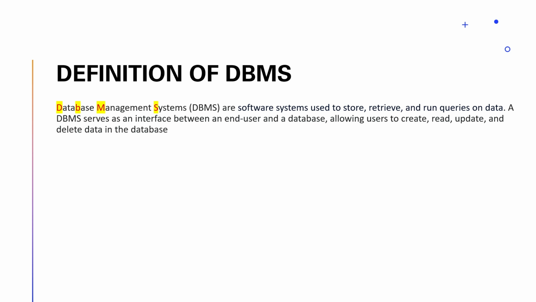Which means that DBMS is an intermediate software, or you can say a connecting software, between the user and the database which you are creating. It will help the user to get the data stored in the database, or to add data, and if not needed we can delete the data from the database. So ideally that particular DBMS stands for database management system.